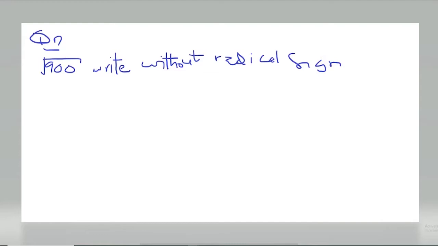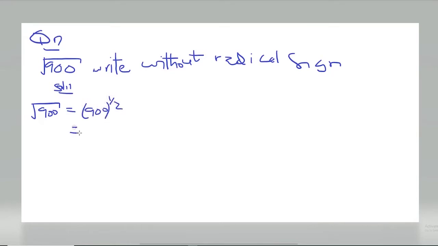Just to remind you, follow the rules as I've always been telling you. Now, the radical of 900 can be written as 900 power half. Remember that?